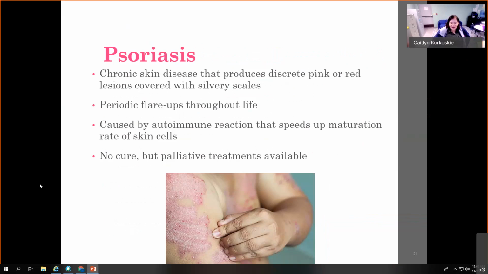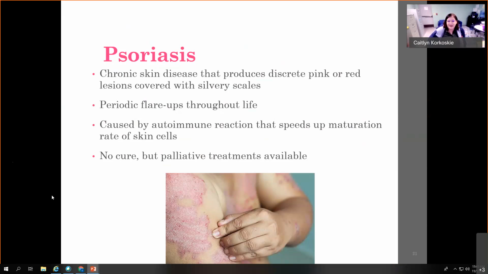Psoriasis looks somewhat similar to eczema, but it's a chronic skin disease that is actually caused by an autoimmune response. It produces a pink or reddish lesion that's covered by silvery, scaly, dry skin. You can see underneath it is pretty red and inflamed, but the dry skin on top is a silver color.